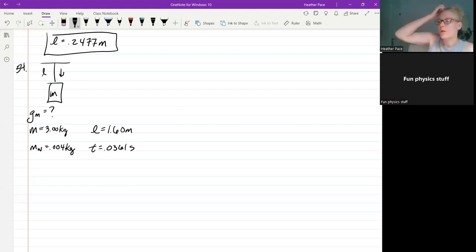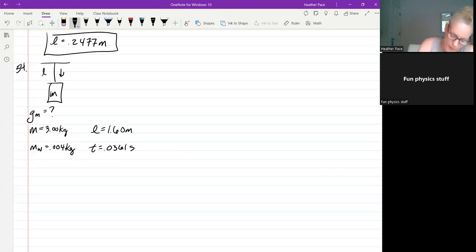Just the fact that we're given the length of something and the mass of it almost always means that you're going to have to find mass per length, or mass per volume or whatever.